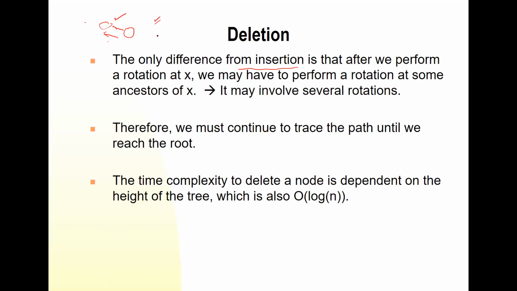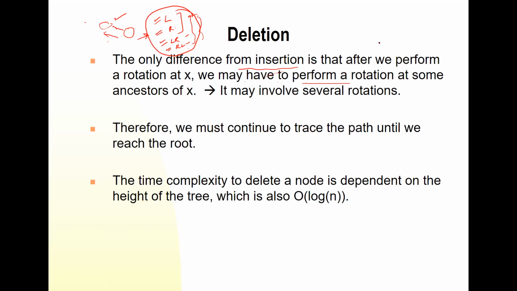You can perform either left rotation or right rotation, that is called a single rotation, or double rotation, LR rotation or RL rotation. Out of these four rotations, one rotation will be sufficient to settle down the property of the AVL tree. But in case of deletion, even after rotation, this may happen.